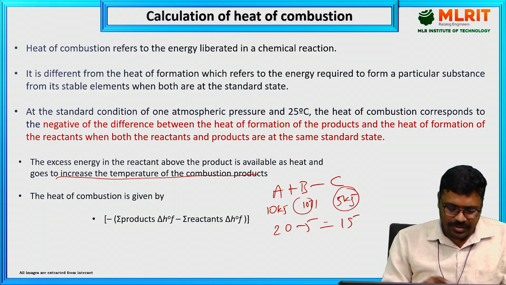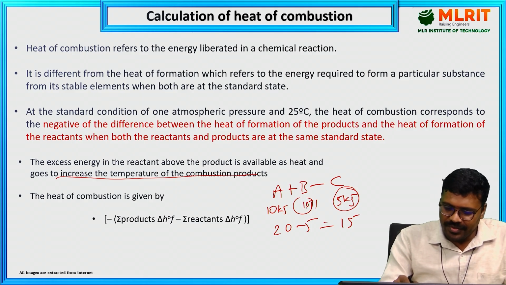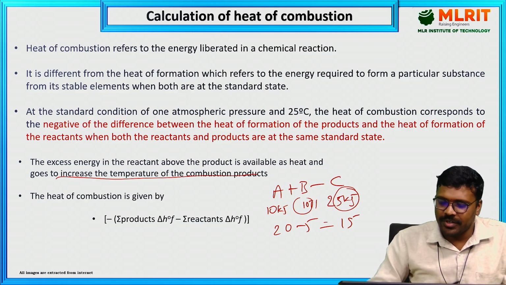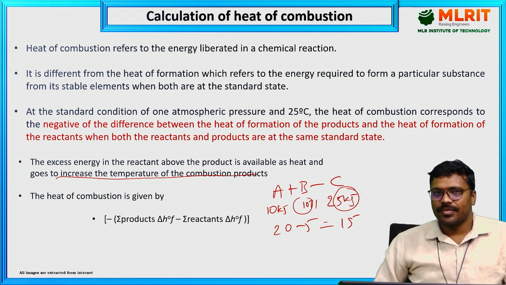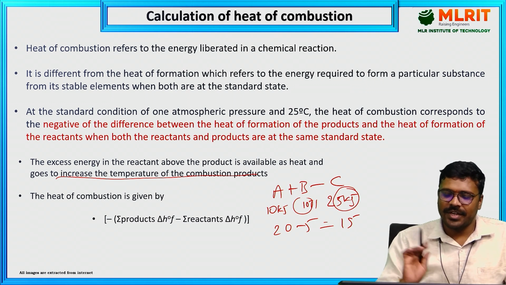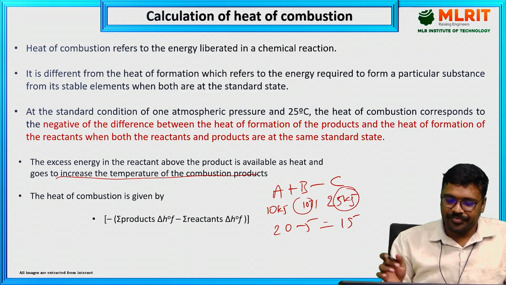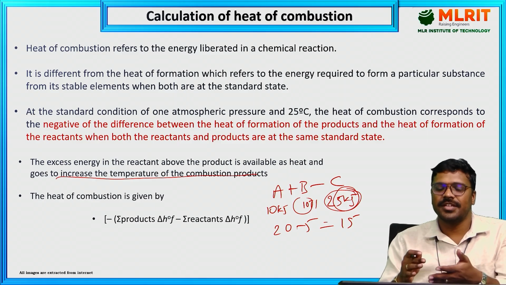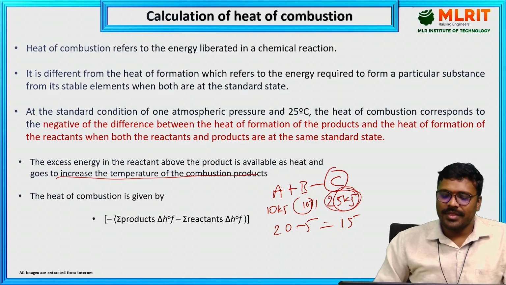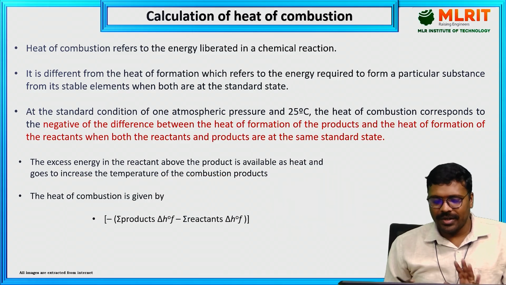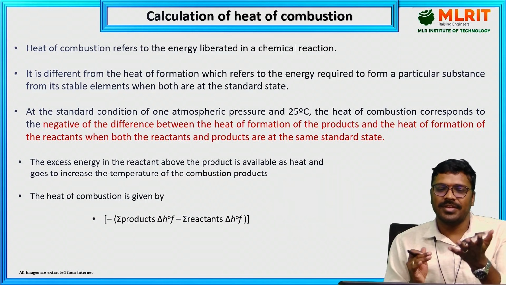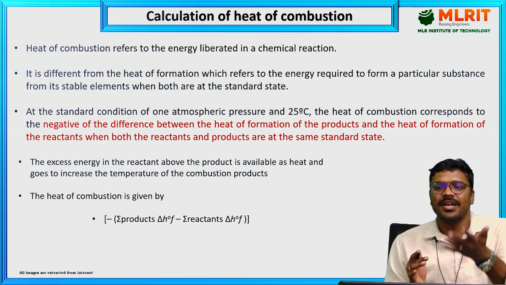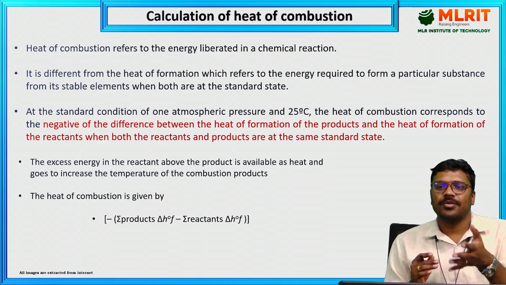Suppose instead of 5, the heat of formation of C is 25 kilojoules per mole. Here the reactants total only 20, while the product is 25, which means you have to give 5 kilojoules of extra energy to form the product C. This is how we can estimate whether energy is liberated during the reaction or has to be supplied to perform it.